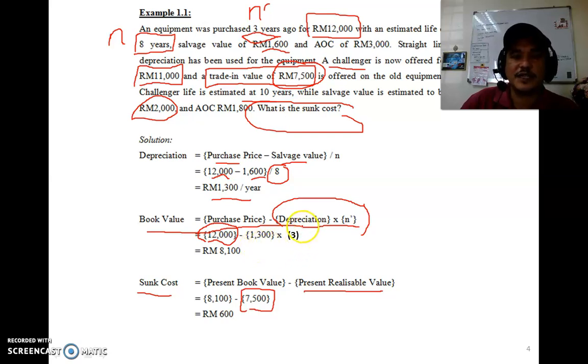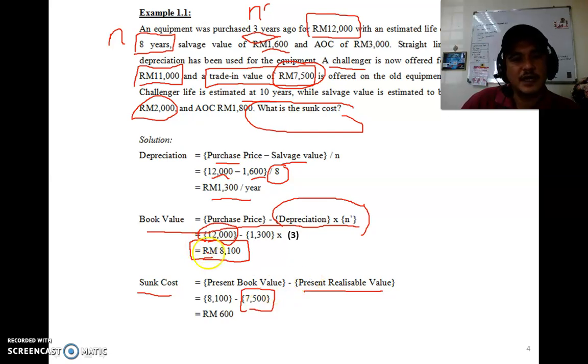Because we have been using our machine for 3 years. 1,300 times 3 is 3,900, so our machine has lost 3,900 in value over 3 years. So 12,000 minus 3,900, our current book value is 8,100.